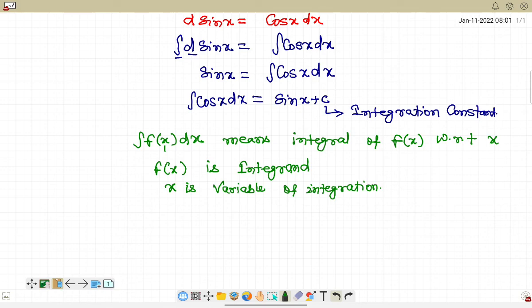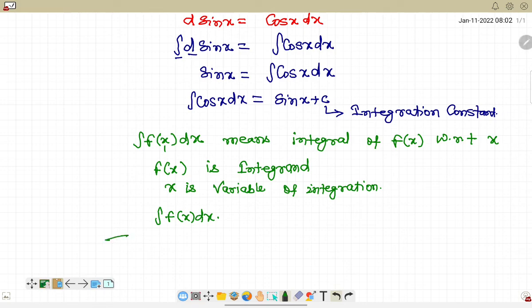Next, if we write the complete value, f(x) dx. Suppose any function f(x) is given and we need to integrate the function f(x) with respect to x, then we have to find the value of the integral of f(x) dx. The process of finding the integral is called integration.